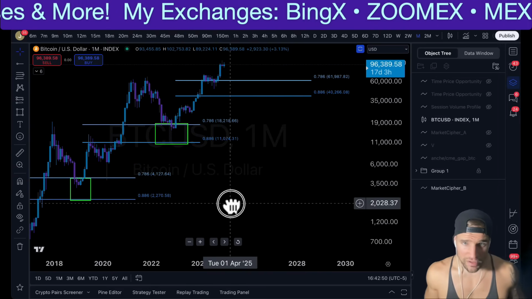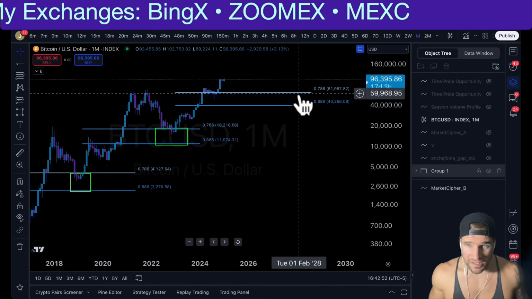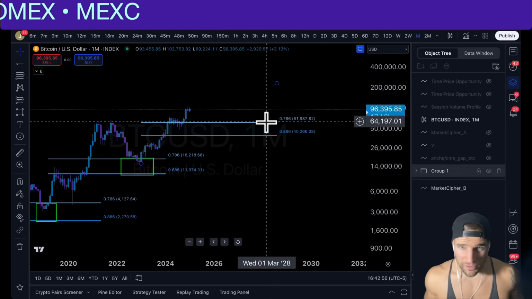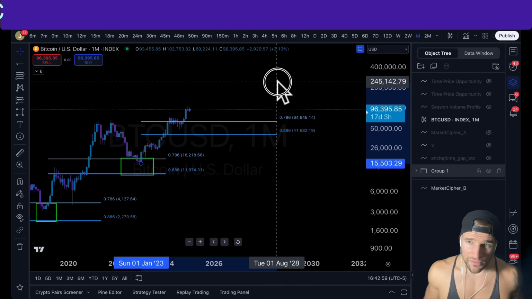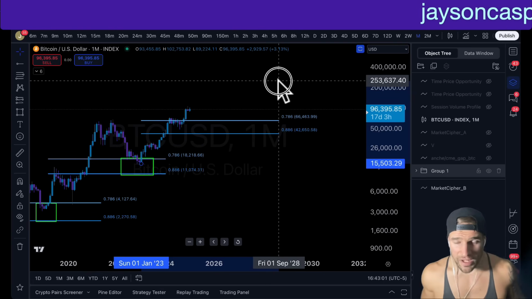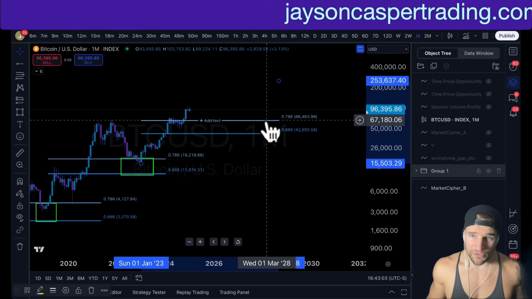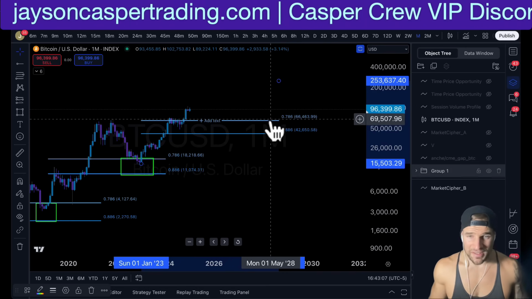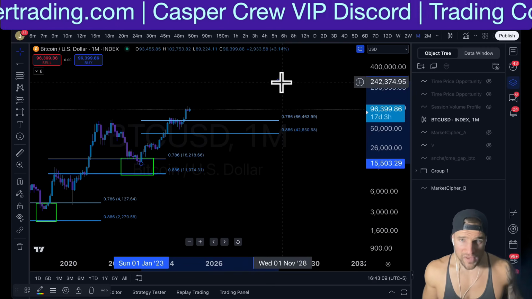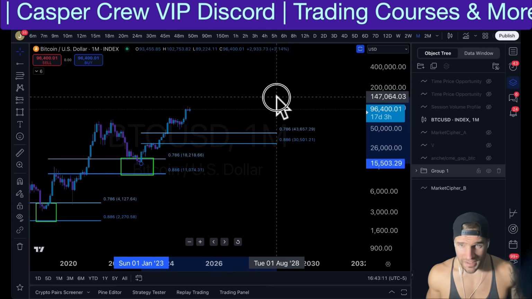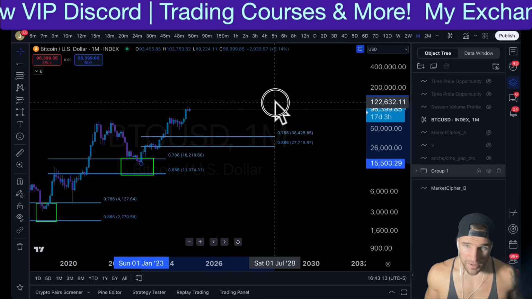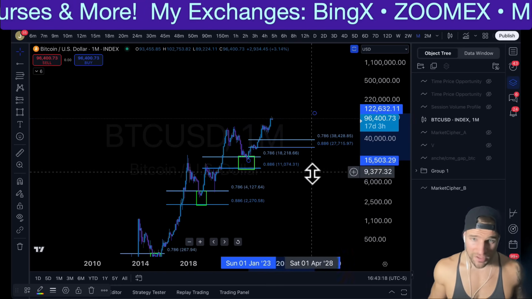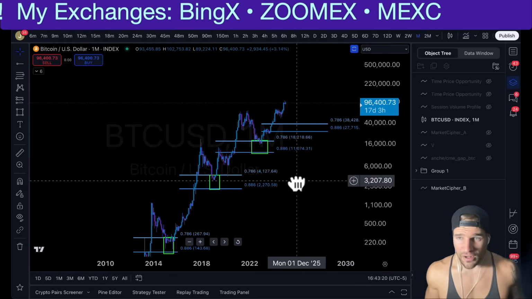So if the pattern repeats, depending on where we come up to this cycle, let's say we do come up to some crazy level like $250,000, the bear market bottom is going to be around, I'd say, between 55 and 67,000. If we only top out at 120, let's say, then our bear market bottom could be $38,000. I know a lot of people don't want to hear that, but this is the pattern that repeats every single time. So fibs are very important.